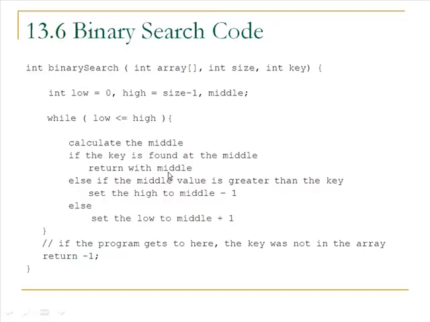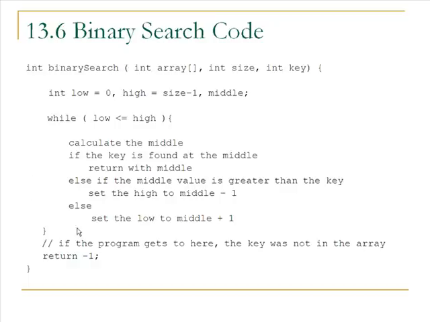If it was, then we can bail out of the algorithm early, return with the information that we were looking for. If the value that we found in the middle is greater than the key, then bring the high index down to the middle. Otherwise, bring the low index up to the middle.